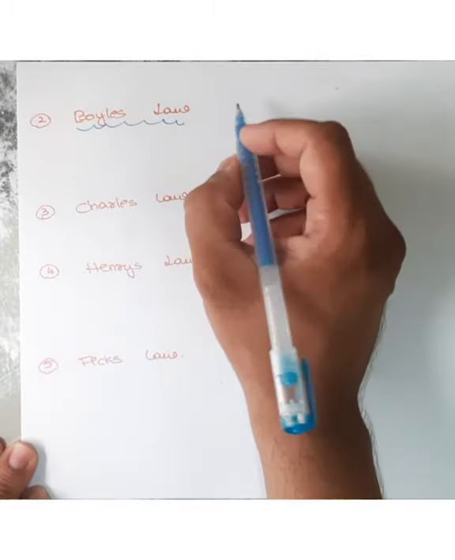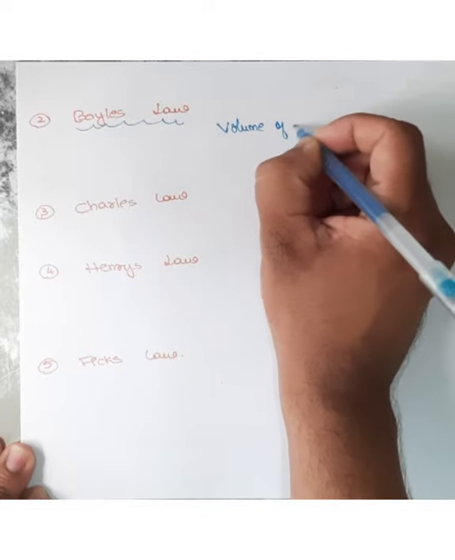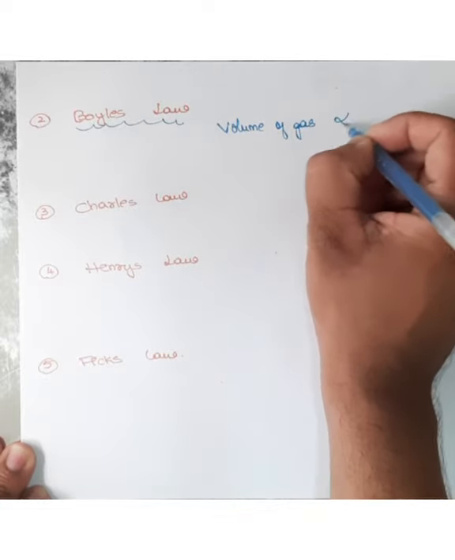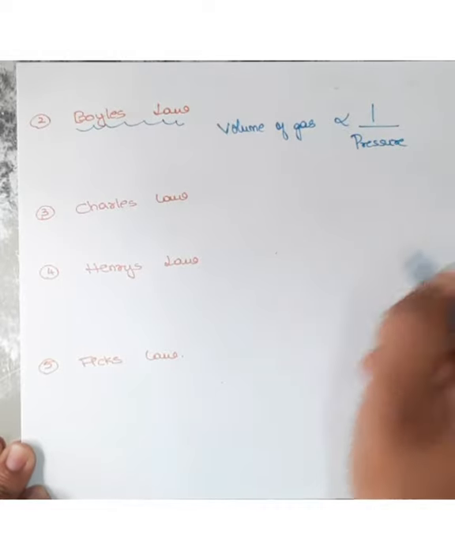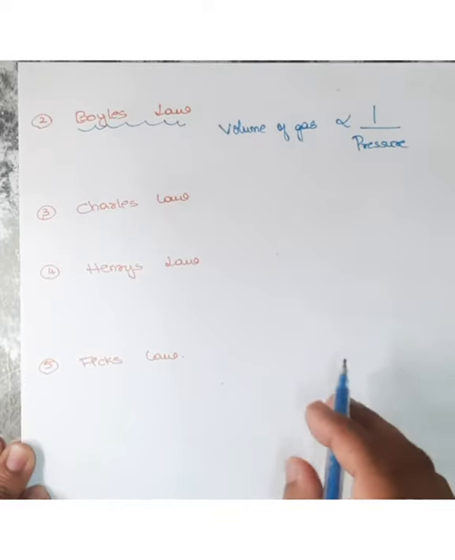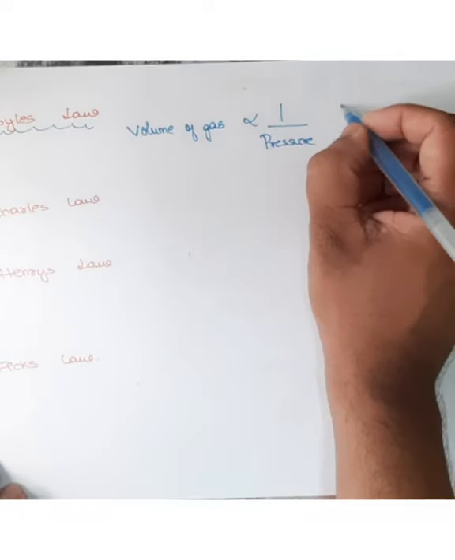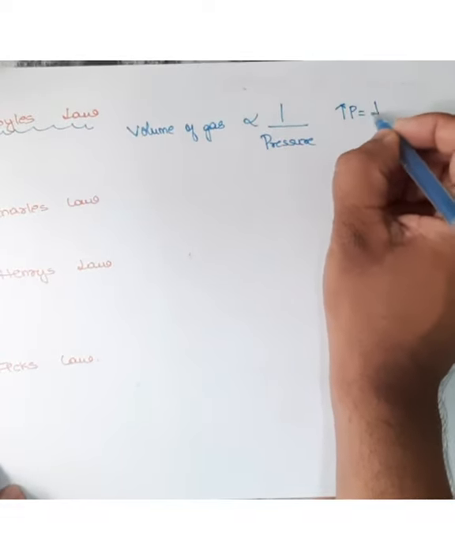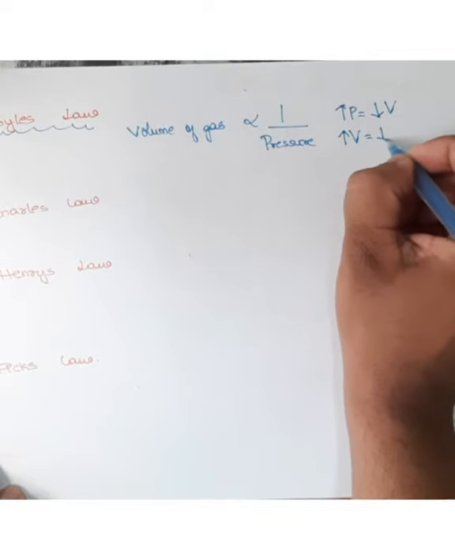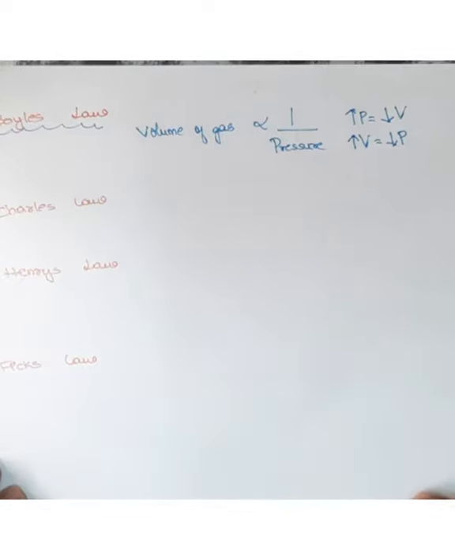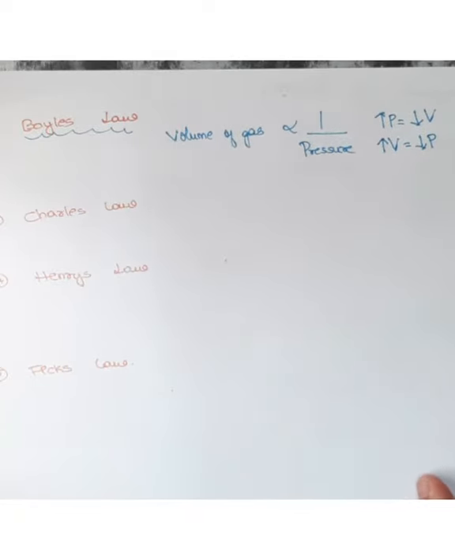Boyle's law gives the relationship between the volume of the gas and the pressure. It states that the volume is inversely proportional to the pressure. That is, whenever there is increased pressure, the volume decreases, or whenever there is an increased volume, the pressure decreases. We will see the application later on.